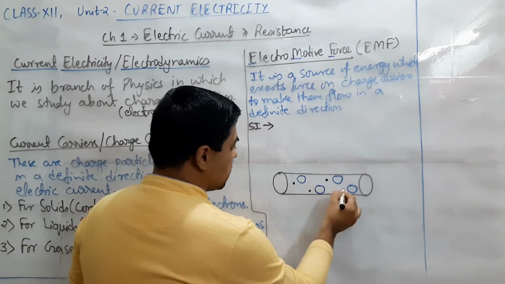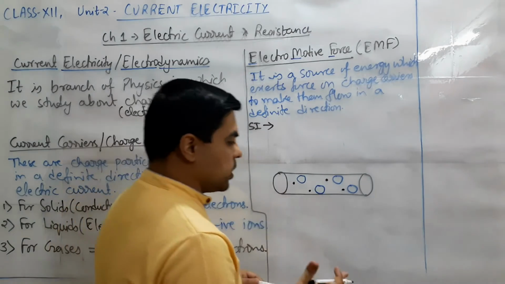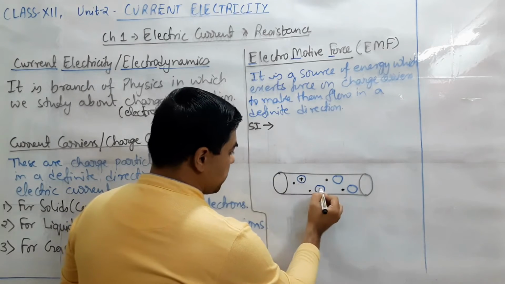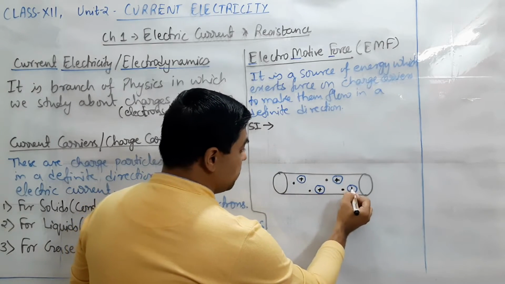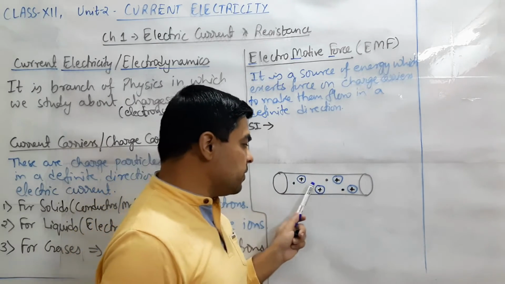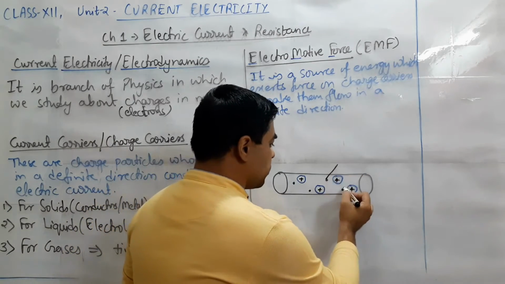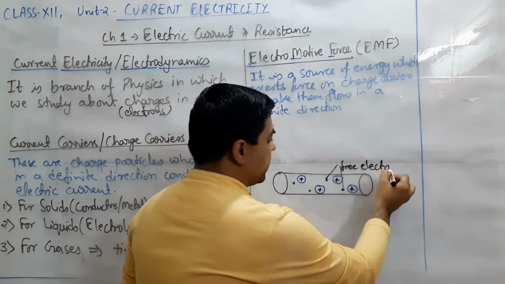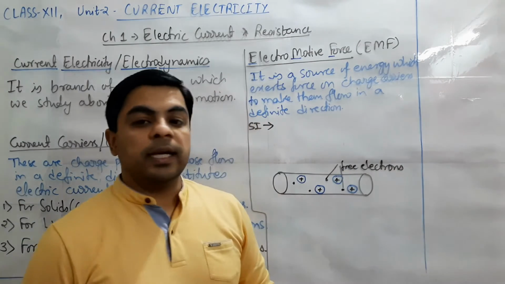So we can consider the overall motion as zero. So we are considering them at rest. These are the positive ions which remain fixed in the crystal lattice, but we need these charged particles, these free electrons. These free electrons need to move in a definite direction, then only they will make electric current.